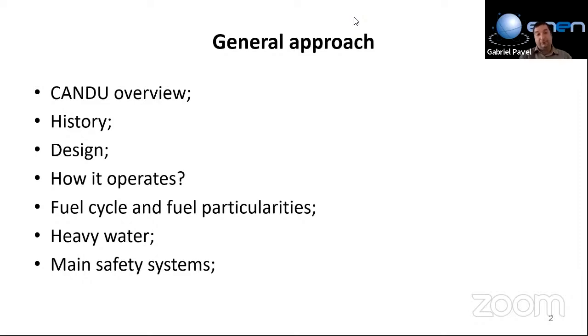You will see that the fuel cycle is not quite complex, rather the opposite. I chose to have a separate chapter for heavy water because this is a particularity of this reactor. And also a very short overview of the main safety systems.